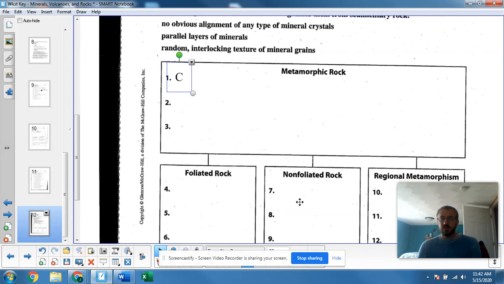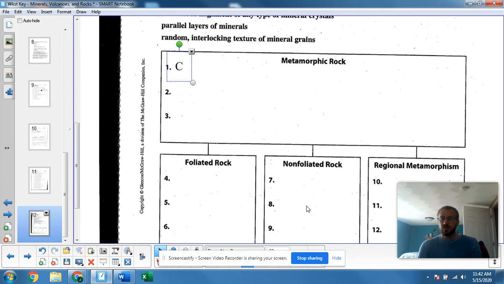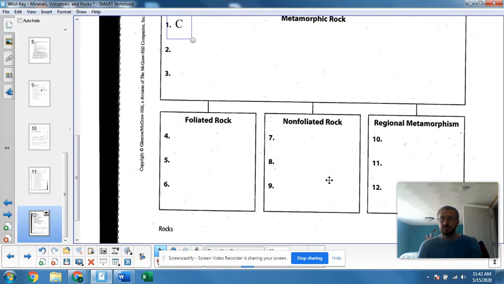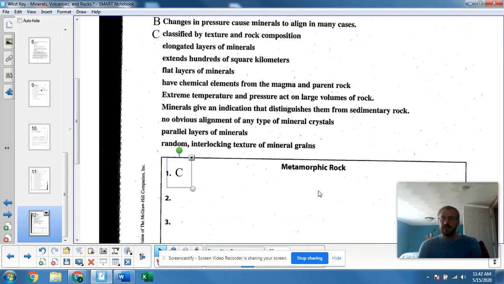If you see stuff that mentions no pattern in the crystals or things like that, or what are some of the other ones that I'm seeing here?